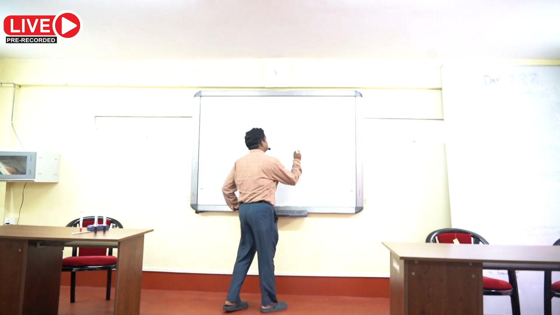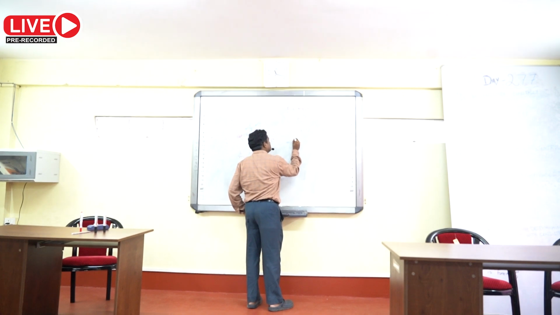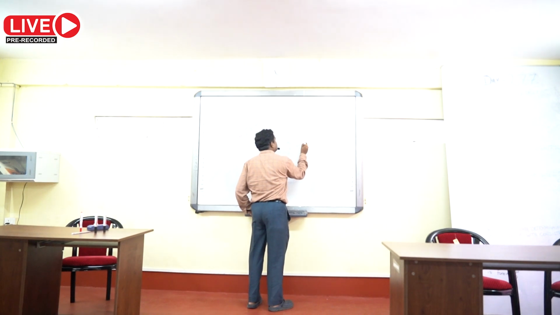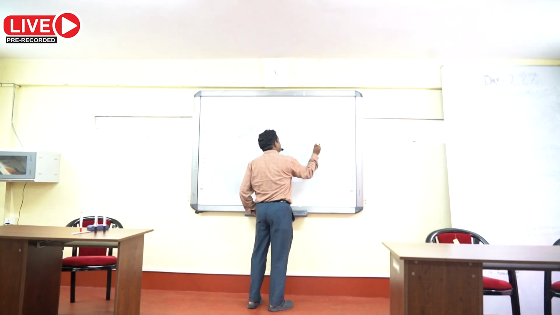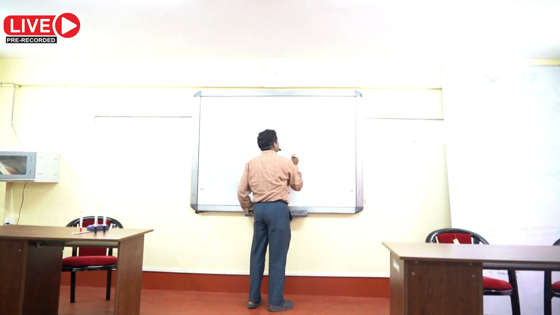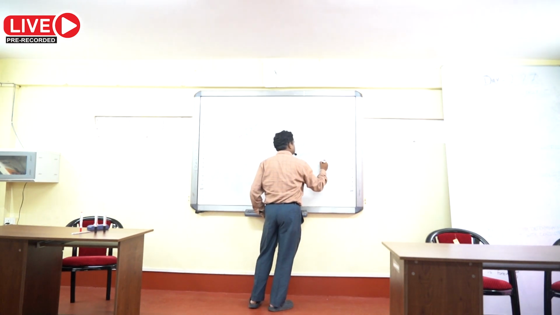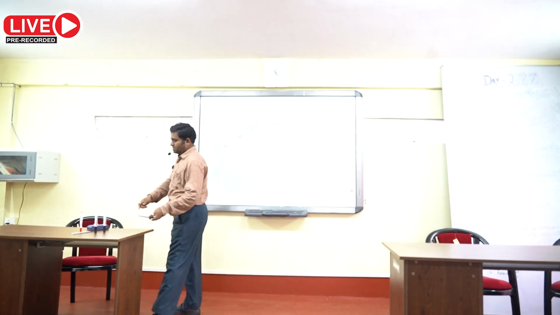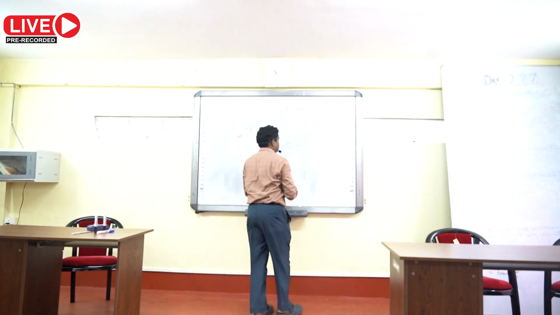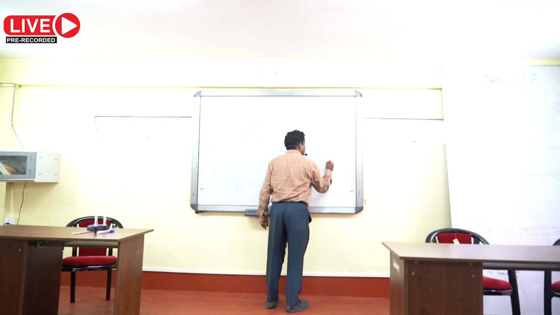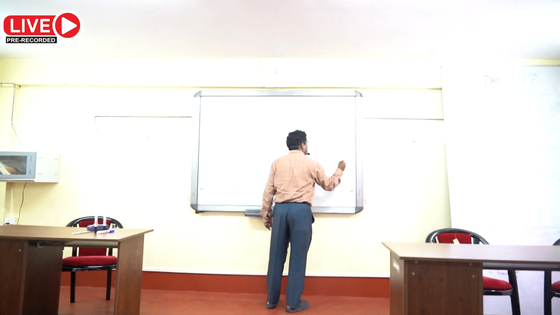So this is coming: mv square by r cos theta minus mg sin theta is equal to mu mv square by r sin theta plus mu mg cos theta.